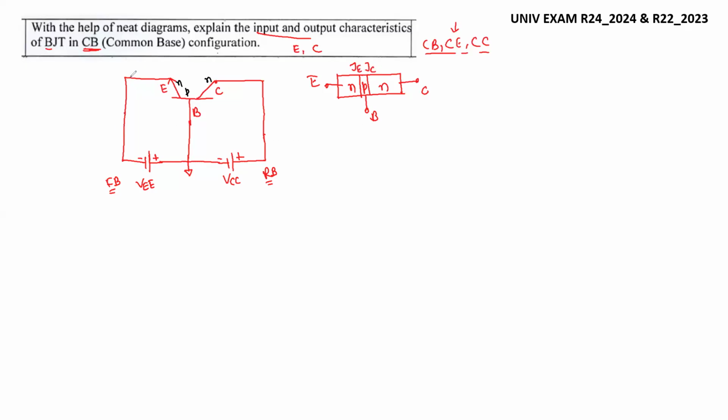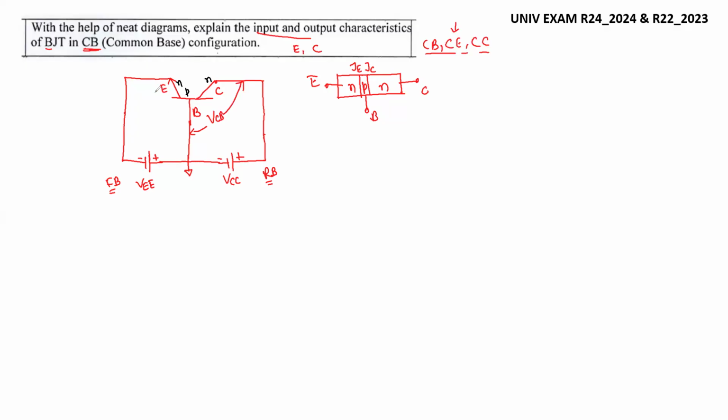Now for the input characteristics, the output parameter will be constant, so the output voltage will be constant. The voltage we have written as VCC. If you try to find the voltage between base and emitter, it is written as VBE.